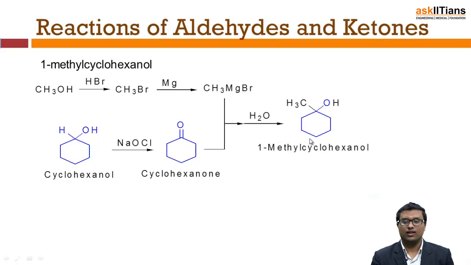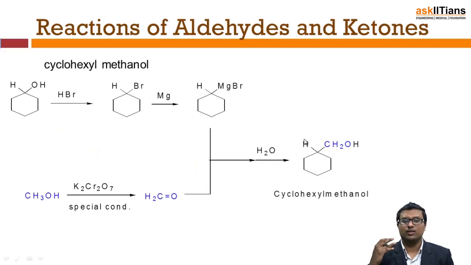Similarly, I can get 1-methyl-cyclohexanol if you have an alcohol. That alcohol can be converted to Grignard reagent, and cyclohexanol can be converted into cyclohexanone. We will be getting again 1-methyl-cyclohexanol. So what you can understand from this is that if I have a lower chain alcohol, I can convert it into a higher chain alcohol using an intermediate reaction with Grignard reagent.